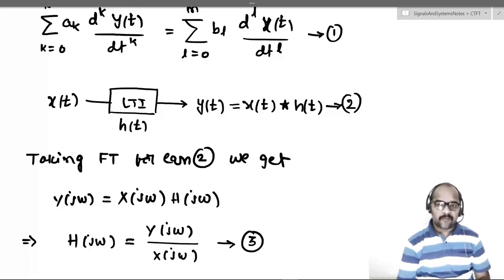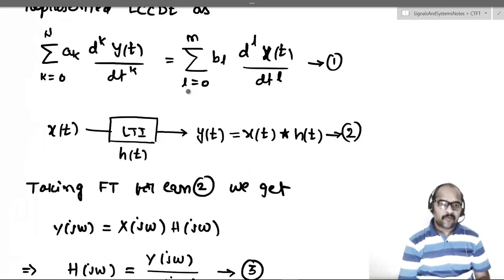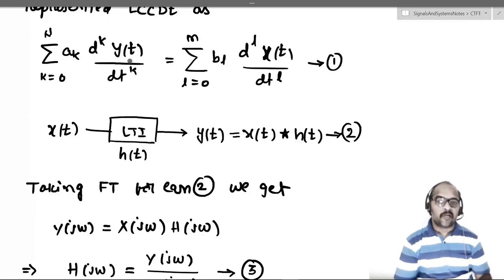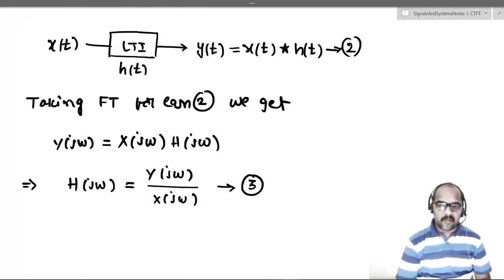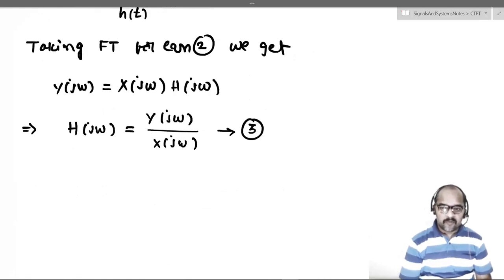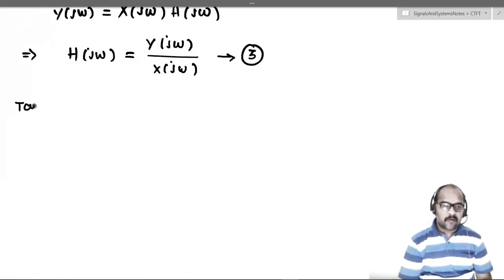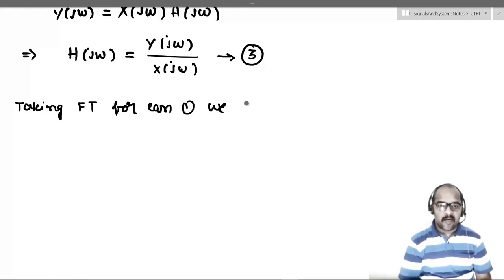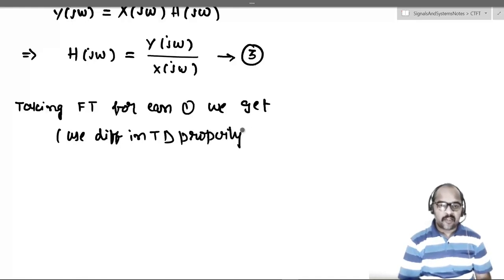Now let us apply the Fourier transform to equation 1. Equation 1 has differential elements, so differentiation in the time domain corresponds to multiplication with j omega in the frequency domain. Taking the Fourier transform of equation 1, we use the differentiation in time domain property.